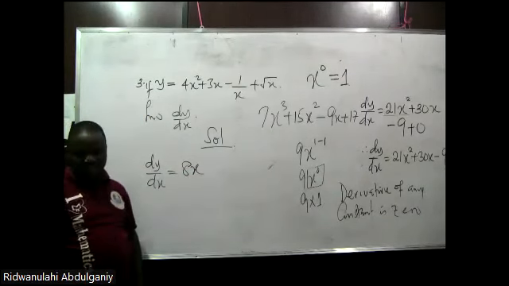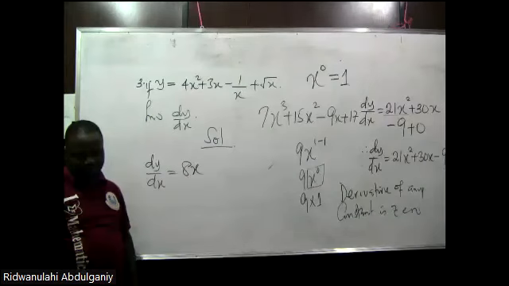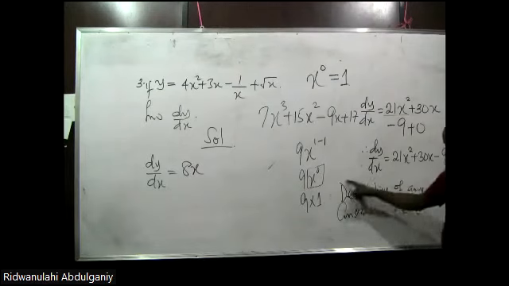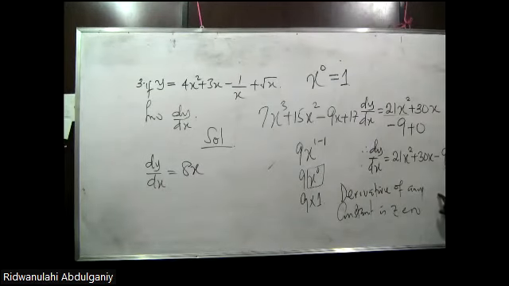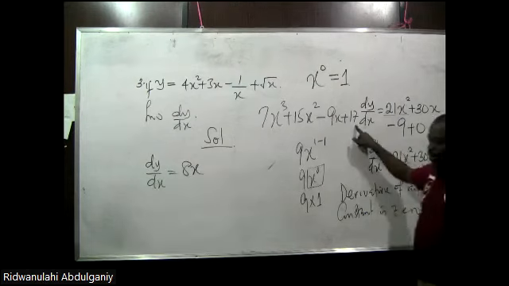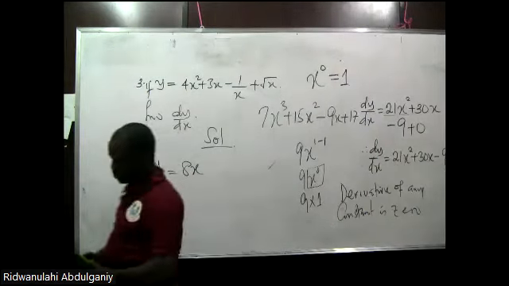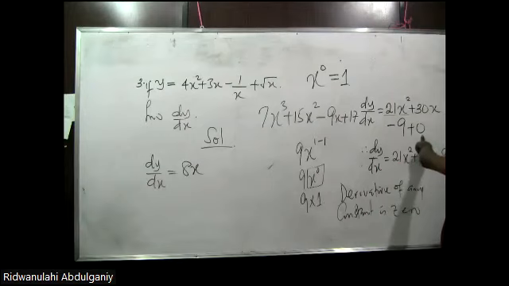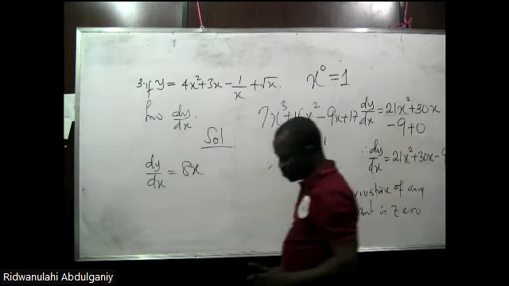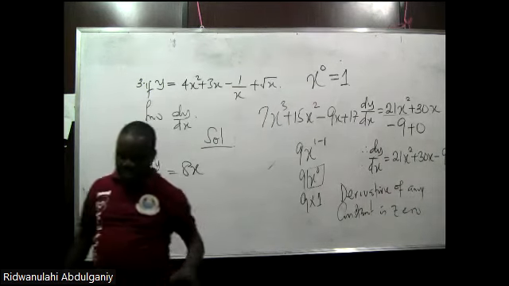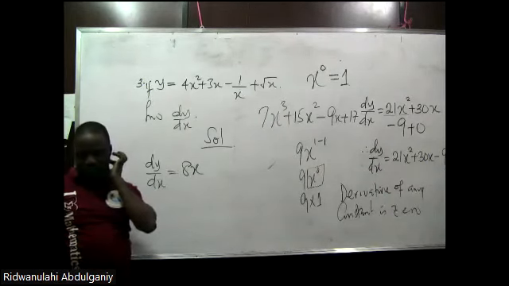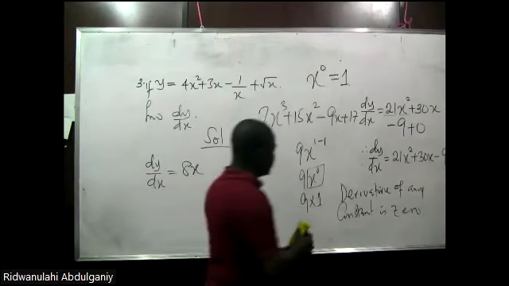Read it: derivative of any constant is 0. 17 is a constant, so the derivative is 0. That's how this becomes 0. Did you get it now? Is it that if any figure has no variable attached, it becomes 0? Yes. Thank you very much, sir. You're welcome.